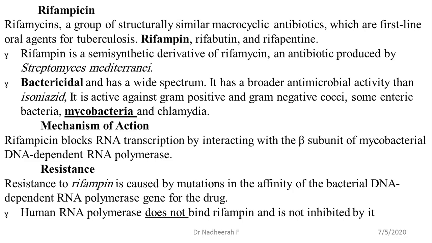Resistance to rifampin occurs by mutations that reduce the affinity of bacterial DNA-dependent RNA polymerase for the drug, while human RNA polymerase does not bind to rifampin and is not inhibited by it. So rifampicin is very selective for mycobacterium, not for human or host cells.